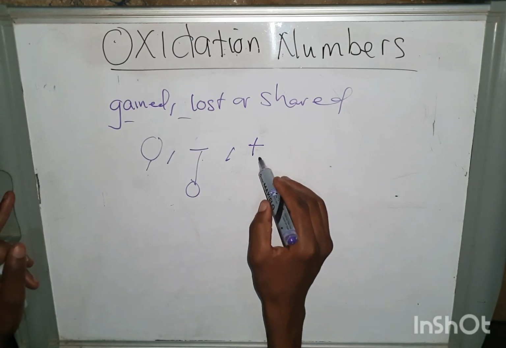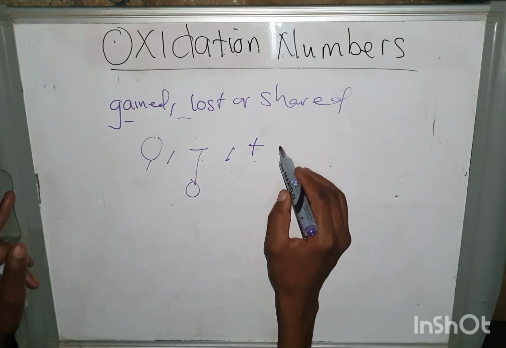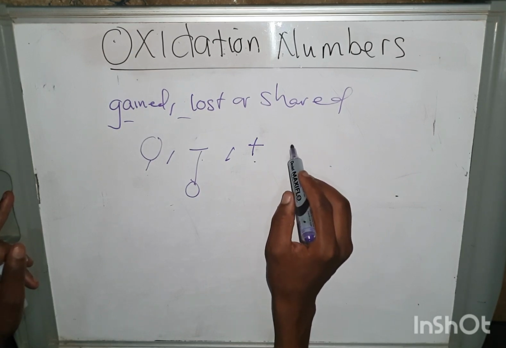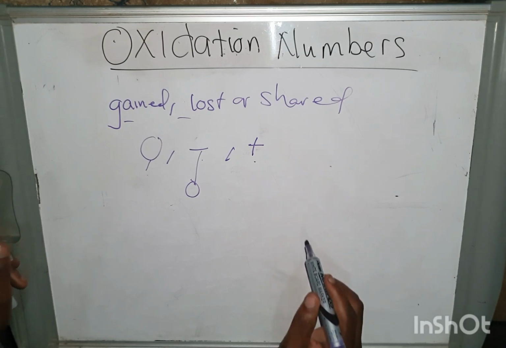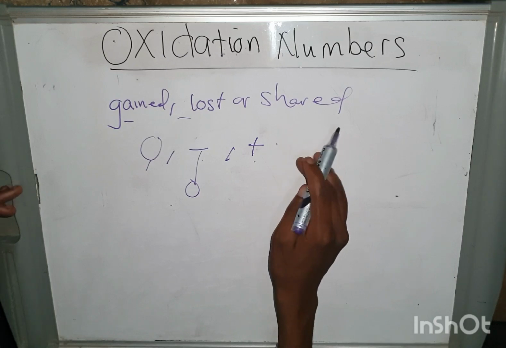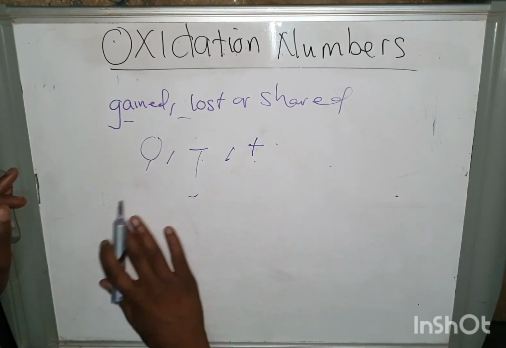And when the oxidation number is positive, it means that the number of electrons assigned to this atom is less than the number of electrons in its free state when it is neutral. So this is about the negative, the zero, and the positive.